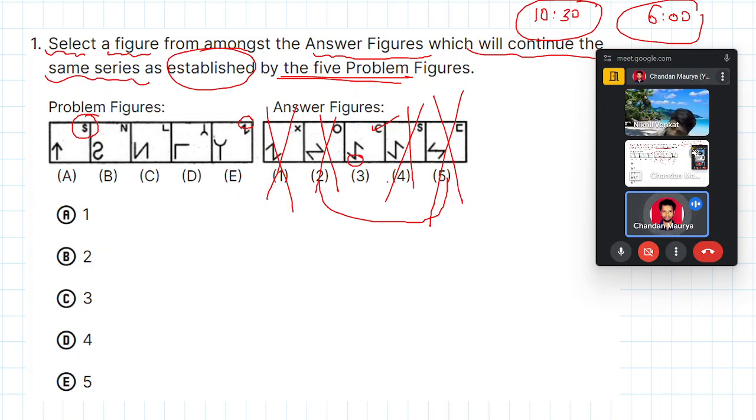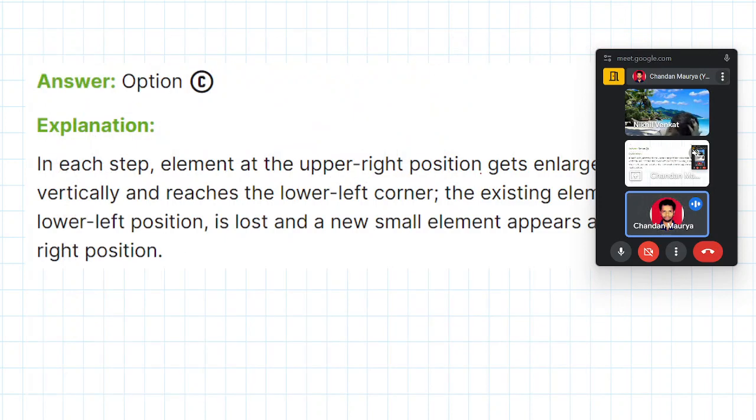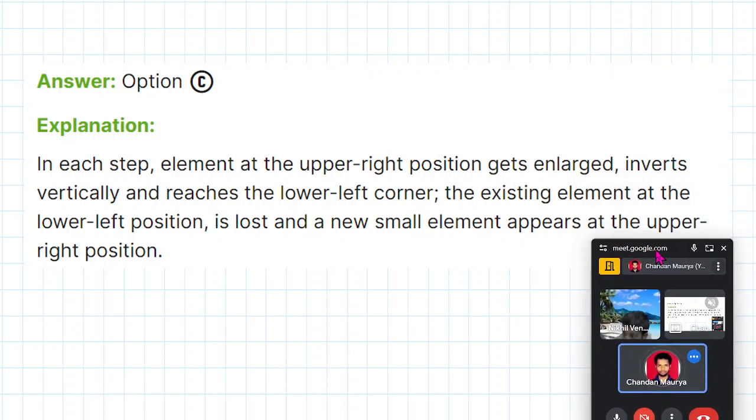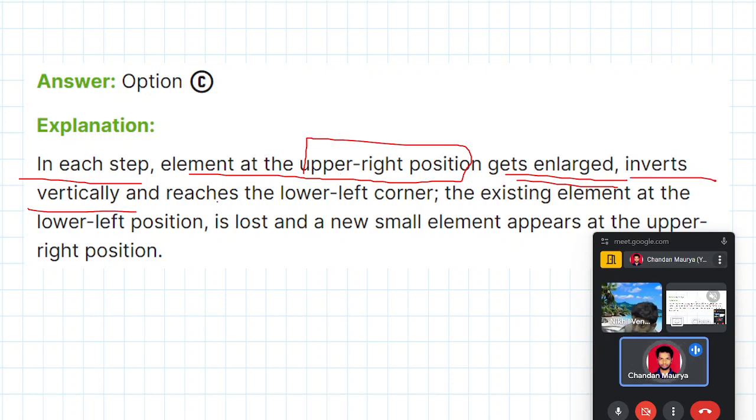So what I am getting is option number three. I guess this is the best one. Let's check it out. We will read out whether this is correct or not. In each step, the element at the upper right position gets enlarged, yes, we have noticed this, moves inwards vertically and reaches the lower left corner.